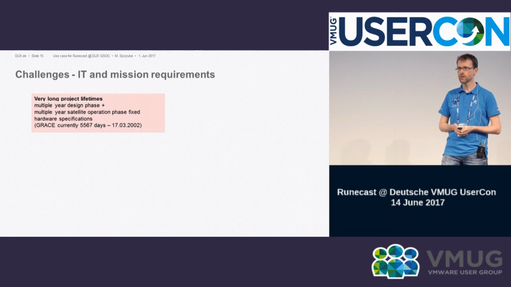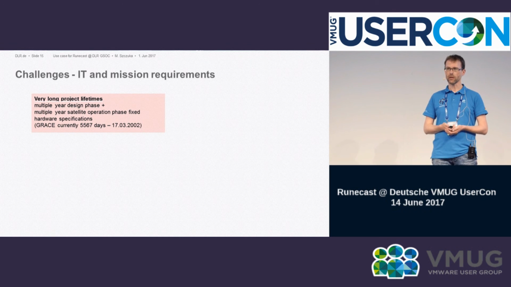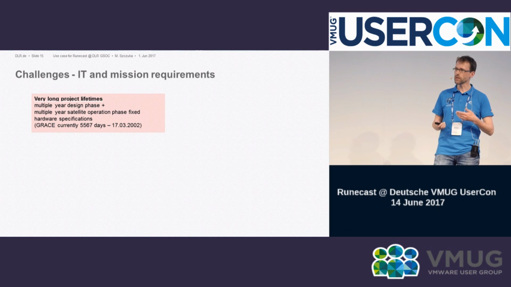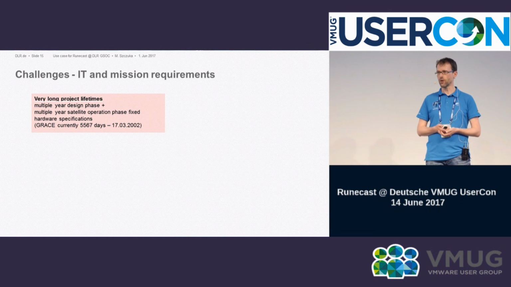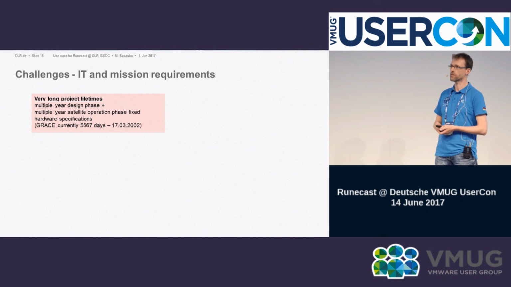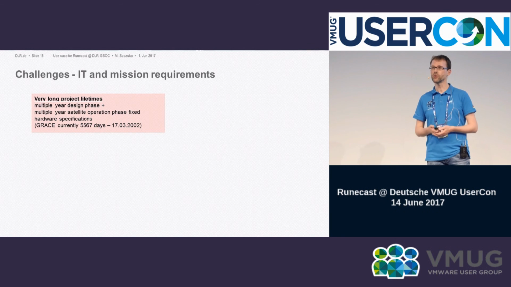The mission I've listed on here, that's the GRACE mission. That's an experimental satellite, a pair of satellites actually, that are doing analysis of the gravitational field of planet Earth. And these satellites have now been in orbit for 15 years, as you see. The launch was on March 17, 2002.